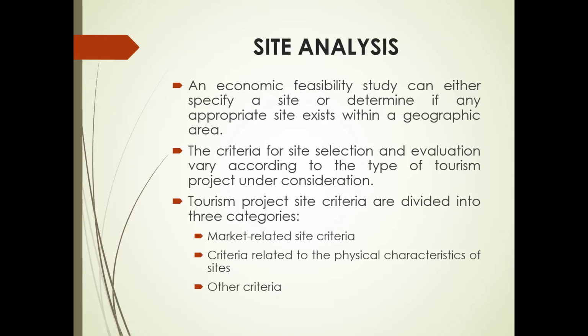Tourism project site criteria are divided into 3 categories, and these are market-related site criteria, criteria related to the physical characteristics of the site, and other criteria. The market-related site criteria normally include the site's proximity to potential markets, transportation facilities, accommodation, restaurants, and shopping centers.